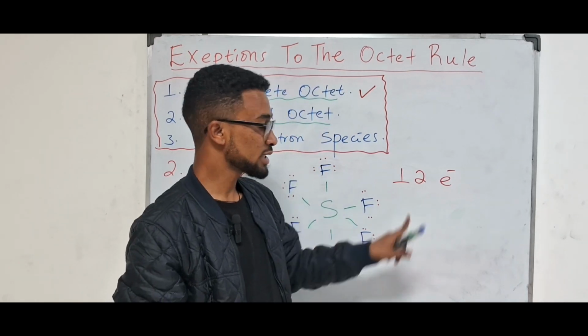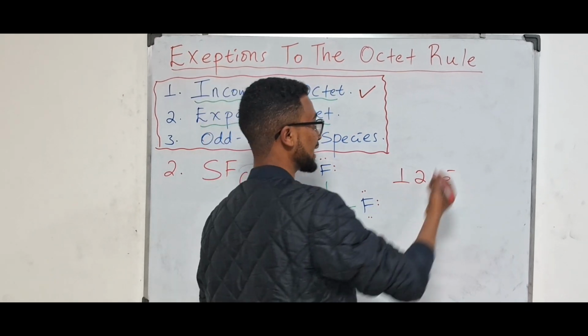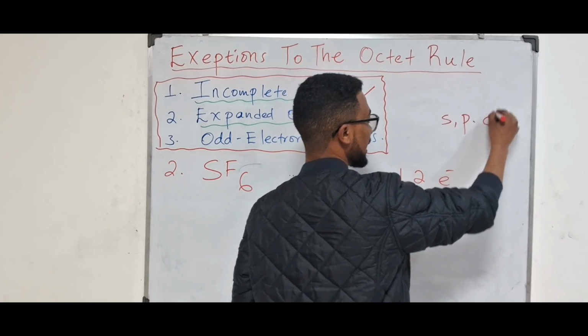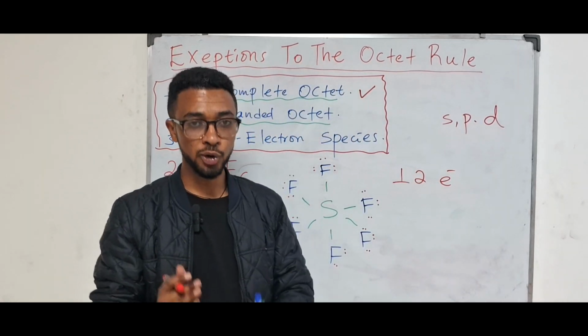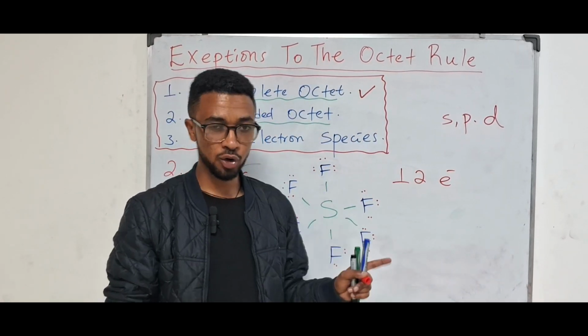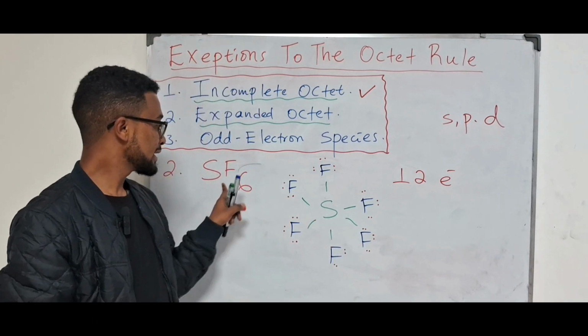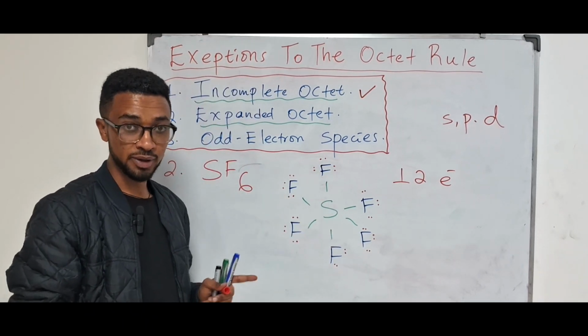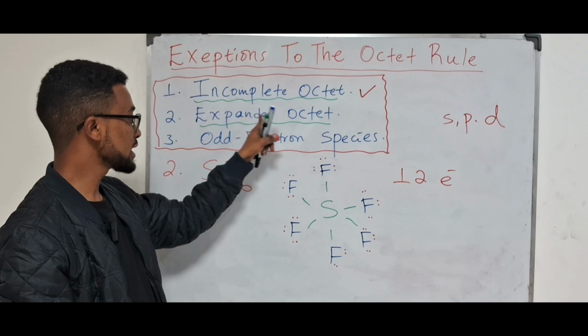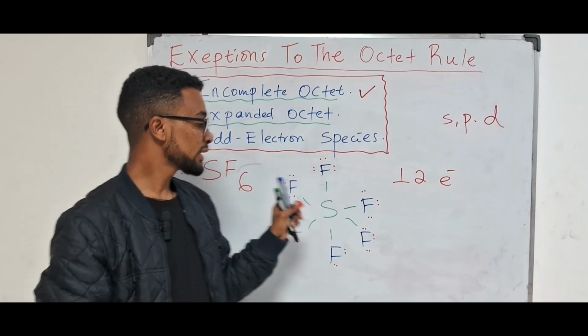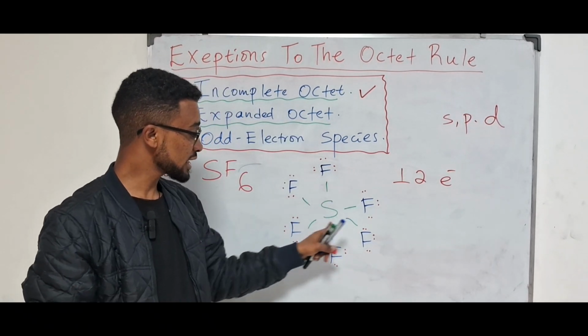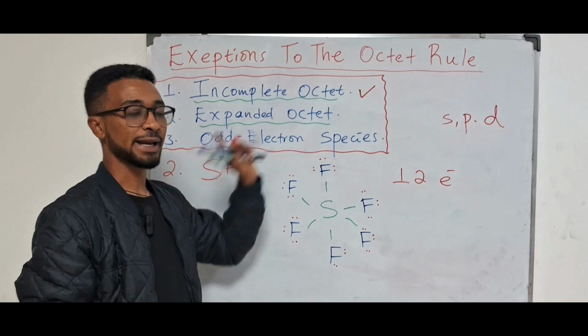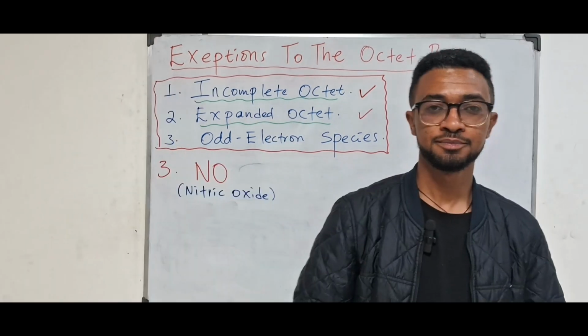But third period elements can access their s, p, and d orbitals to make bonds. Sulfur in sulfur hexafluoride is an example here. So the second exception is expanded octets, when there are more than 8 electrons around the central atom.